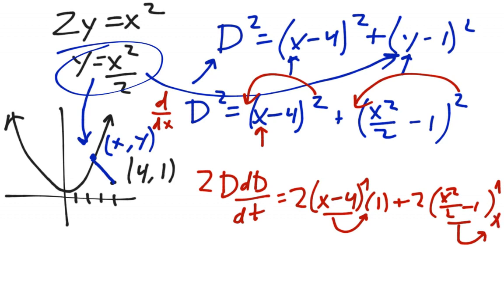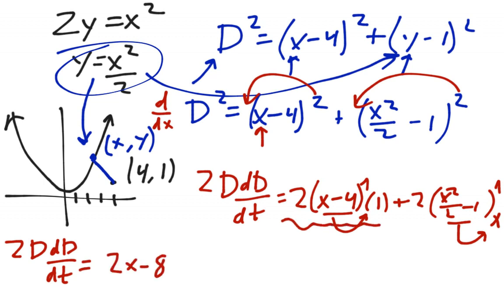Excellent. Let's go ahead and simplify the right-hand side of the equation. So we have 2d dd/dx equals, if I distribute all of that, I just get 2x minus 8. And if I distribute all of this, I'll get plus, well, I have 2 and x times x squared over 2 is going to be x cubed.